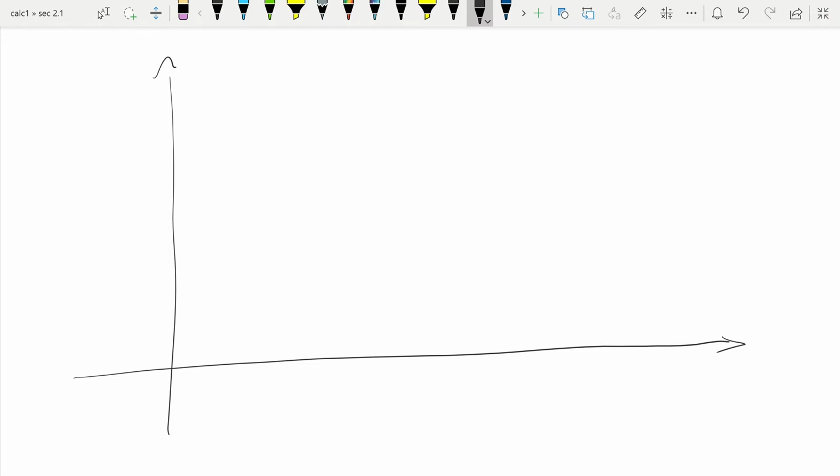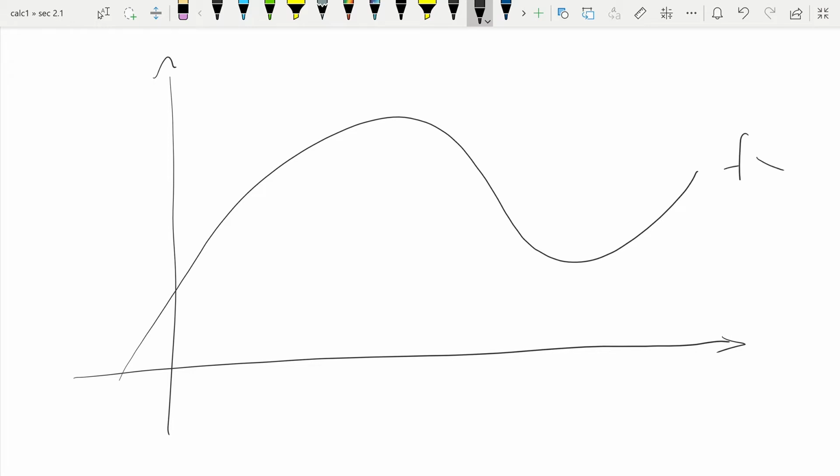So let's consider a nonlinear function now, f, and let's consider some point here, a. And this height here corresponds to the value of f of a.